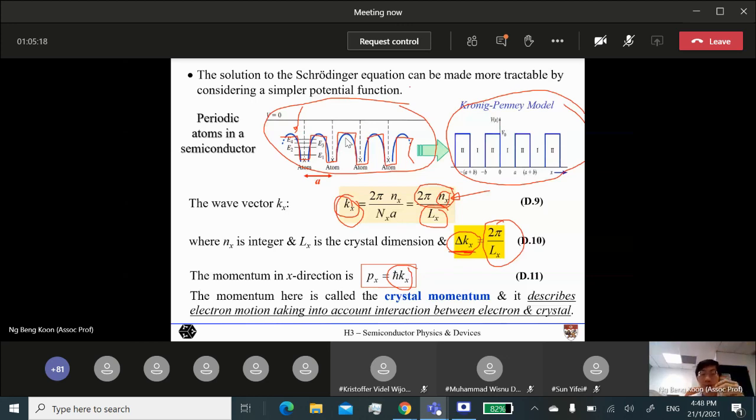In this case, you actually have interaction with the different atoms taken into account, right? Because that's what you put into the Schrodinger equation, and the final solution has the effect of interaction with the atoms taken into account. Okay, so collectively we call this a crystal momentum. It's not the free space momentum, like in the case of classical mechanics.